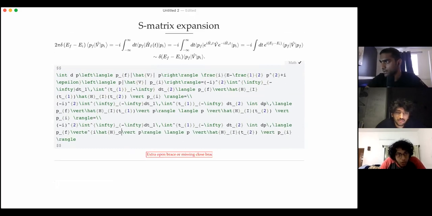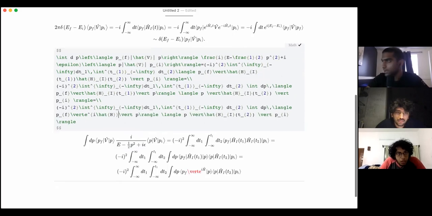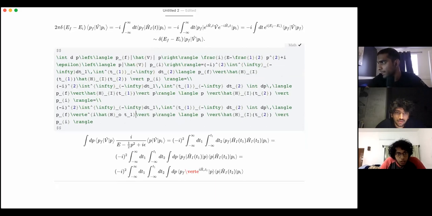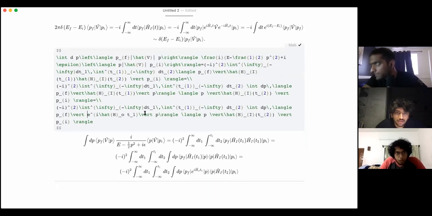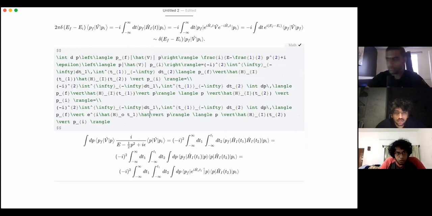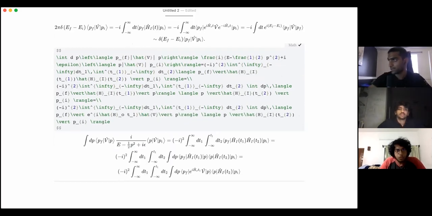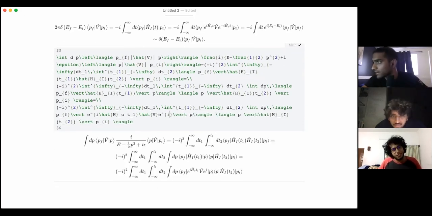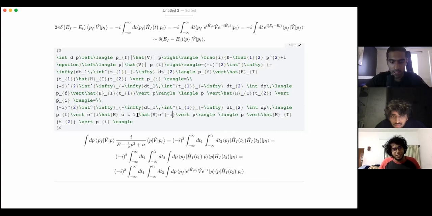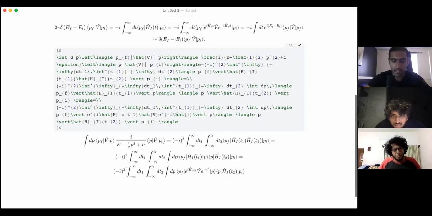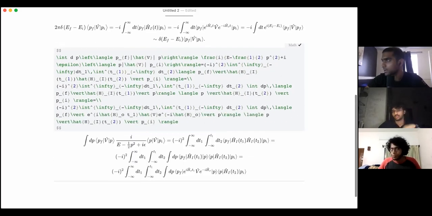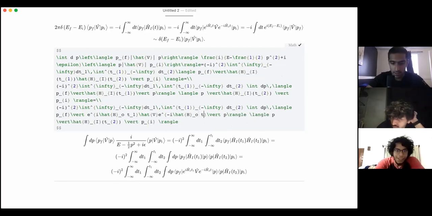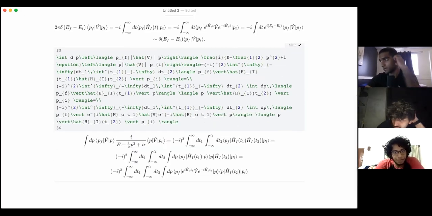H naught t1. Hat v, e power minus i hat h naught t1.